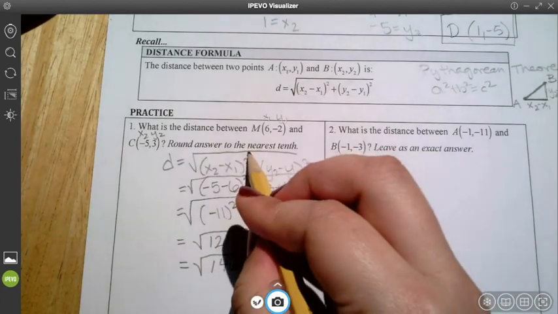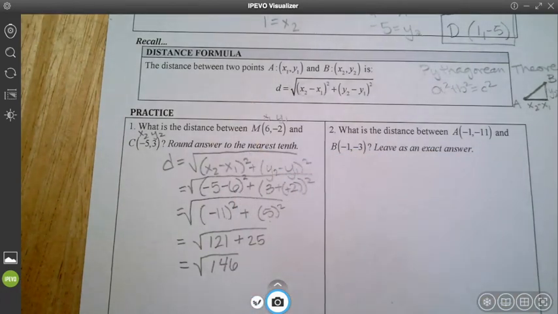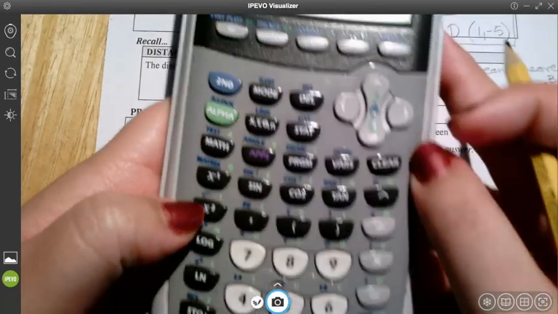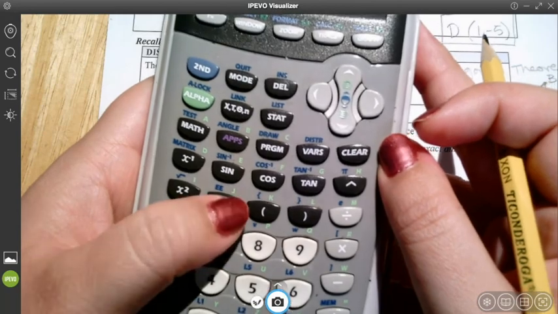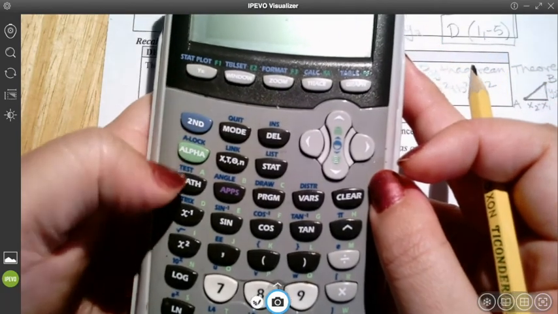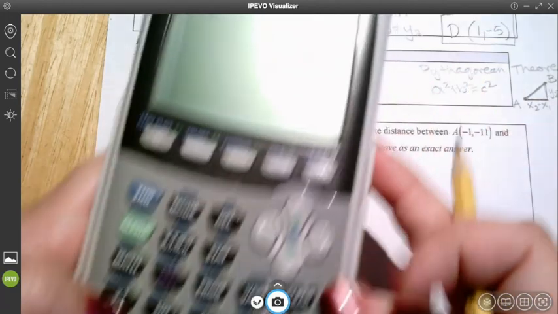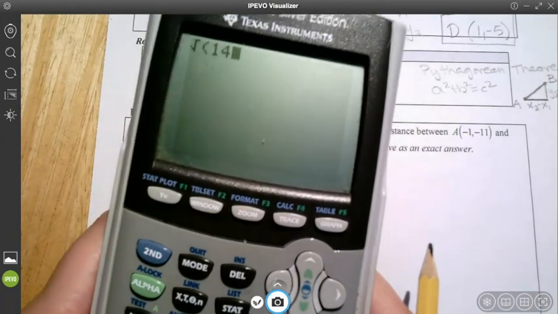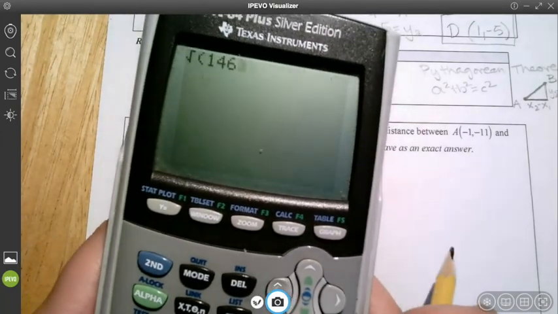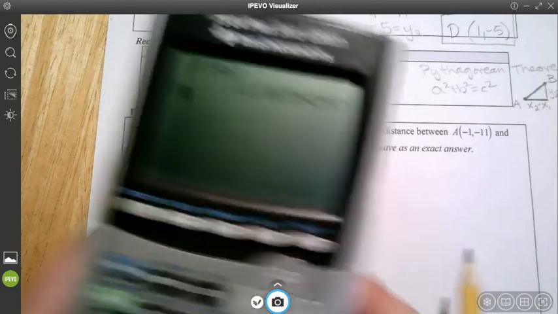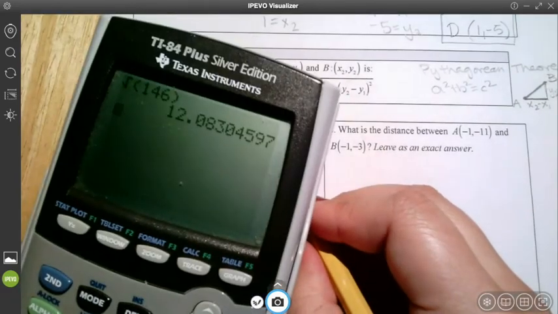And then it says round to the nearest tenth, so we'll put this into the calculator. The square root button is right here next to x squared. So if you look at 7 and you go up and over 1, there's the square root. We have to press second, square root, and it'll put a little square root symbol. 146, close parentheses, enter. And so it's 12 point, rounded to the nearest tenth, 12.1.